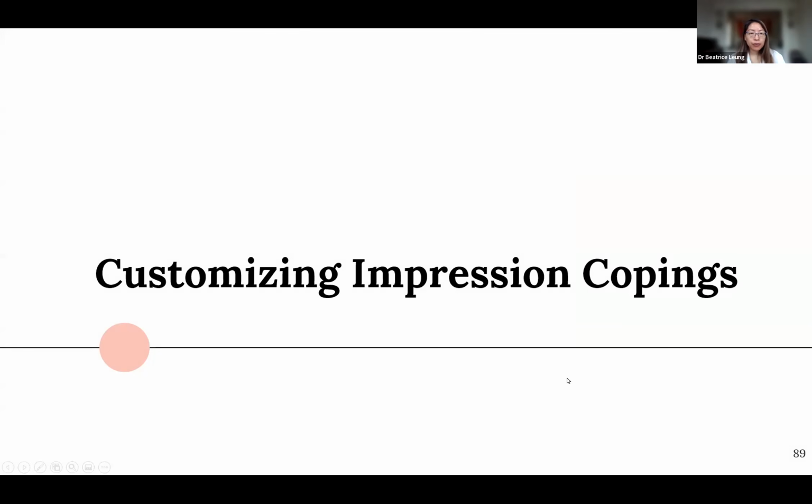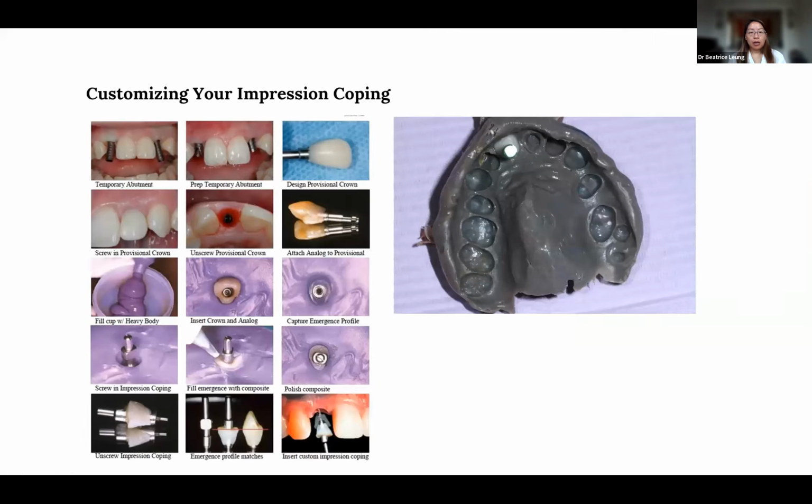So I'm going to just finish this presentation by talking about the steps for customizing the impression coping. Basically, the whole point of making a temporary implant crown, first, if you're doing immediate protocol, is it offers you an opportunity to restore aesthetics and also to do a soft tissue seal for the bone grafting.